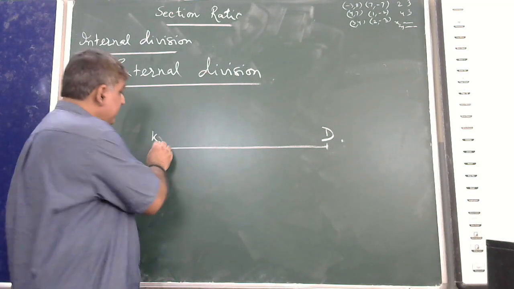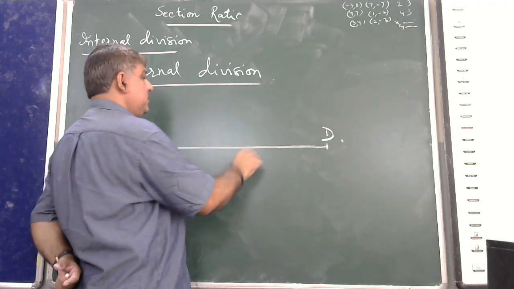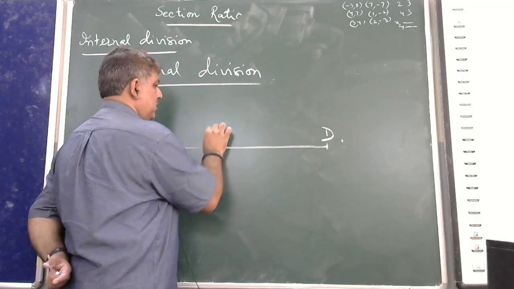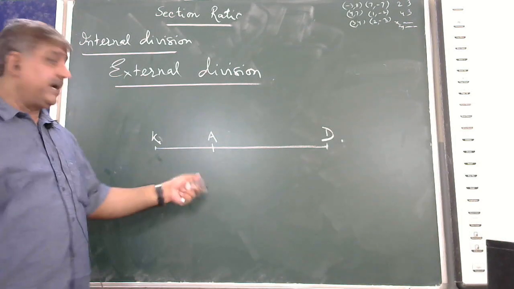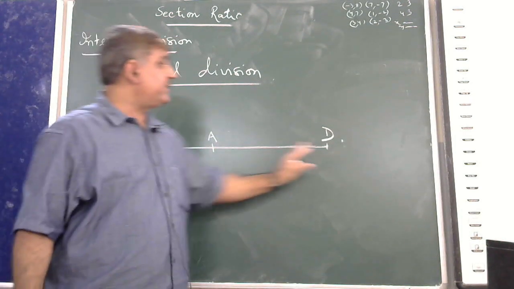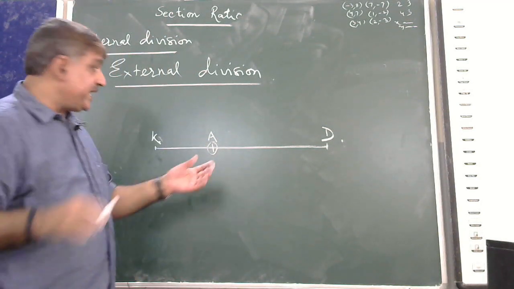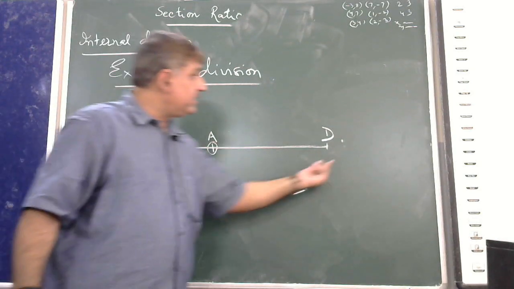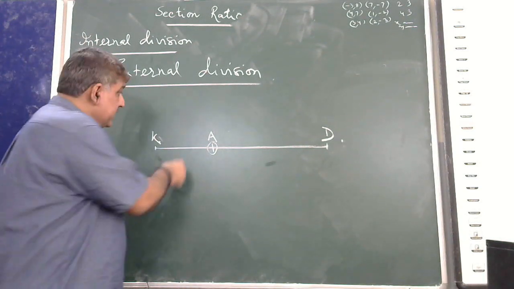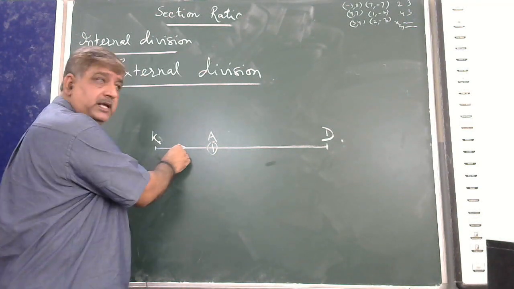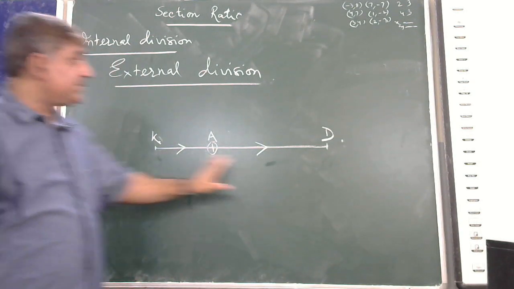Say from Kolkata you have started your journey, and then at Asansol, say A stands for Asansol, there was a break journey. From Asansol you have boarded another train and arrived at Delhi. Now this is your break journey point, and it lies within your journey from Kolkata to Delhi. Remember, you are going from Kolkata to Asansol, then from Asansol to Delhi. Your displacement is from Kolkata to Delhi.